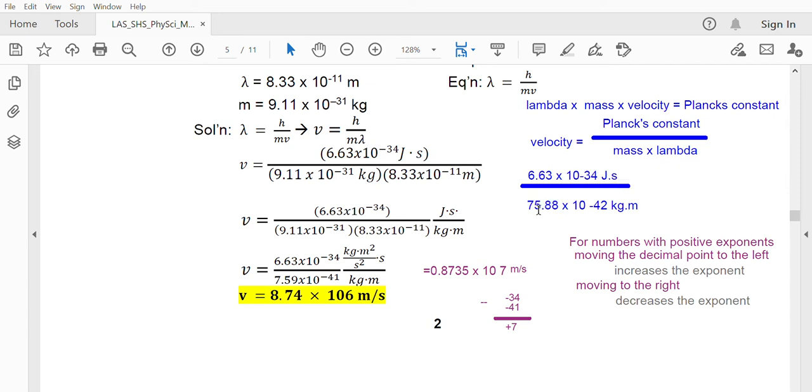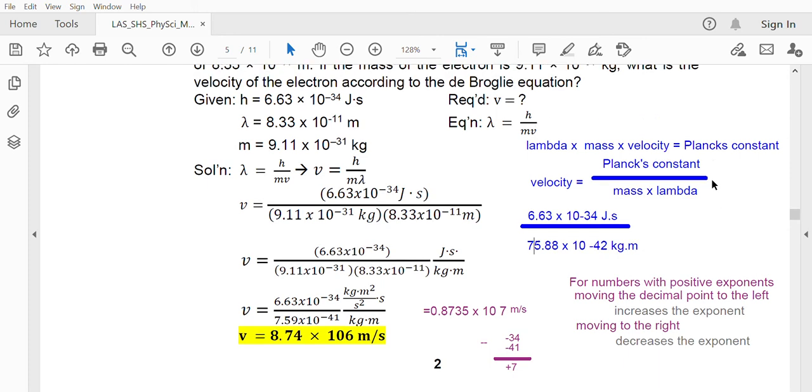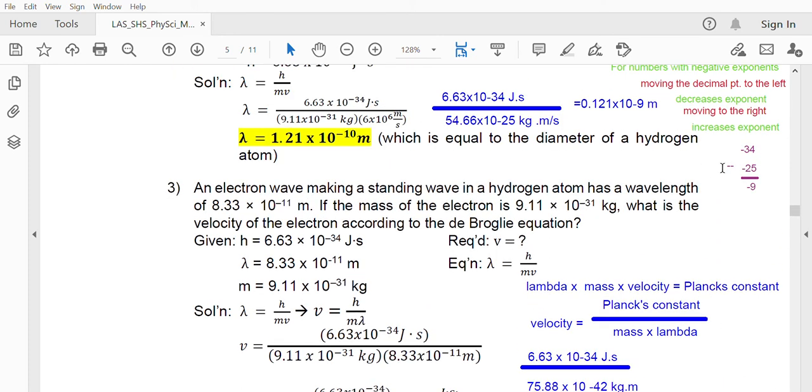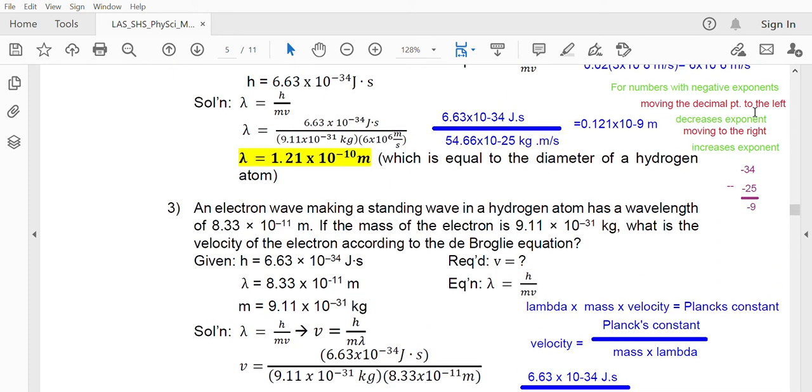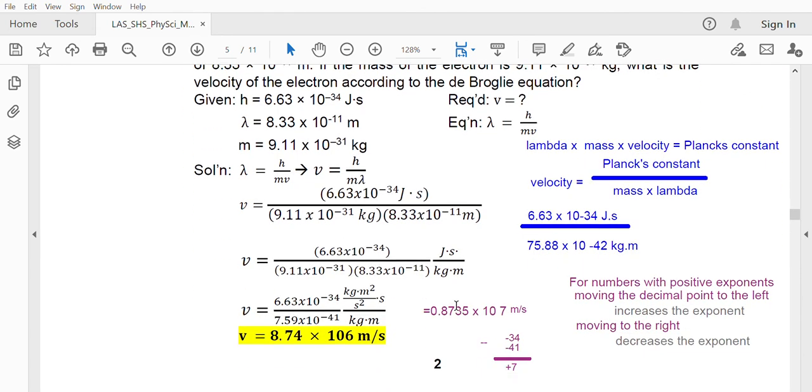So remember, we need to have one non-zero digit on the left of the decimal point. So we move the decimal point to the left. And remember that when you move the decimal point to the left for numbers with negative exponent, the exponent decreases. So we are moving it to the left one place, 7.588 times 10.